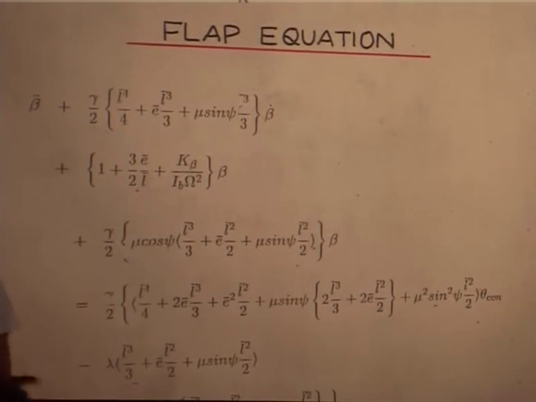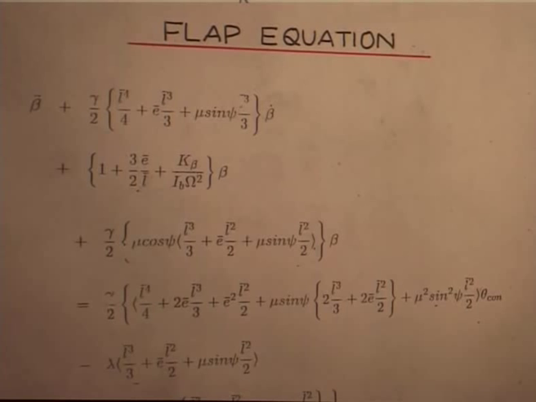I can alter the stiffness term by introducing that pitch flap coupling. But since we have not introduced the lag dynamics, you can also alter the pitch of the blade by introducing lag pitch coupling. But how do you introduce the coupling is a question.